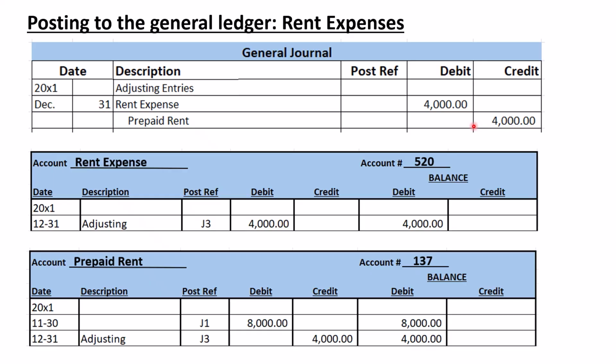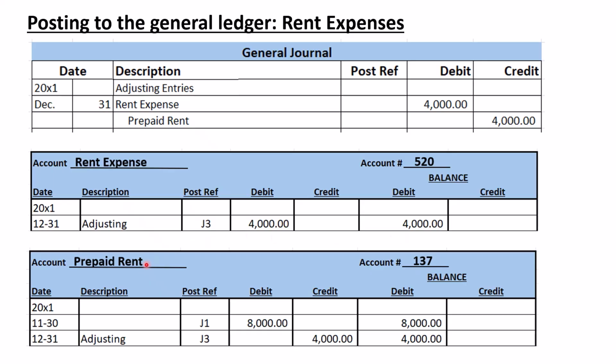To manually post the general journal, we'll start with the rent expense general ledger account. Let's write the date into the date column, "Adjusting" into the description, the journal page J3 into the posting reference column, and the debit of $4,000 into the debit column. This account has no prior activity, and therefore the new balance is $4,000.